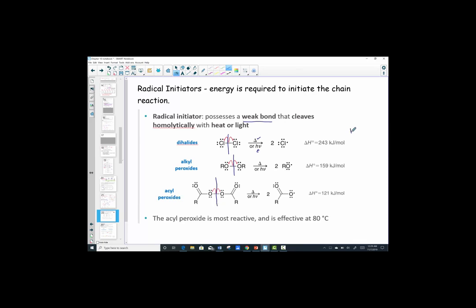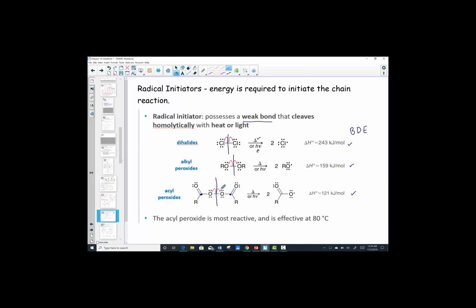And notice that this bond dissociation energy, the amount of energy needed to break a bond, here's the dihalides of a chlorine at 243. Lower energy in alkyl peroxide, and even lower than that is an acyl peroxide. Notice this carbon is attached to a carbonyl oxygen as well as the oxygen.